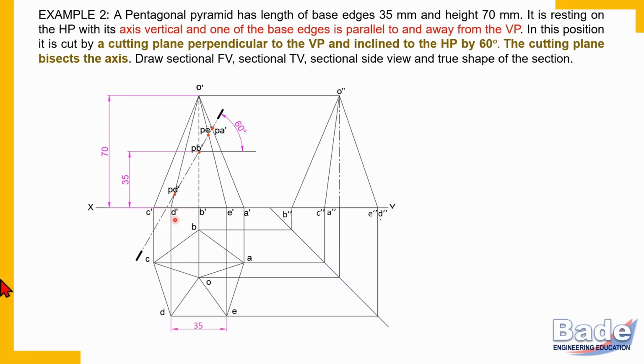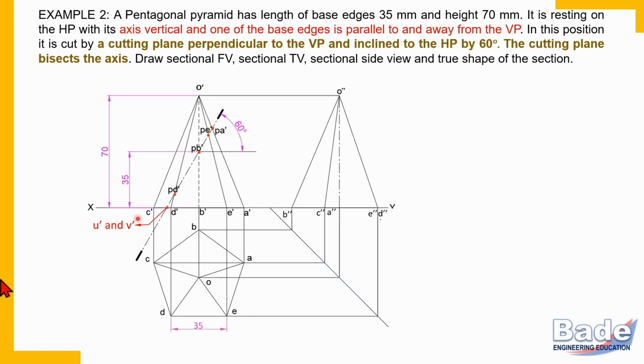Check, the cutting plane line is intersecting edge BC also. So here there are 2 points. Remember, when the cutting plane cuts the base, it always gives 2 points. It always cuts 2 base edges. So label those points U and V. So I have labeled this point with letter U as well as with letter V.